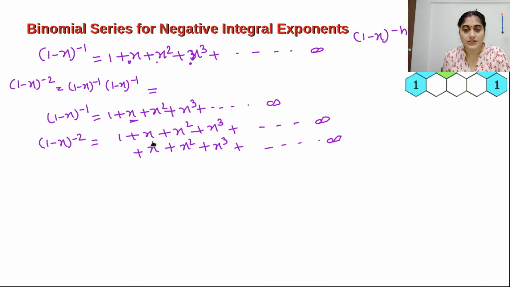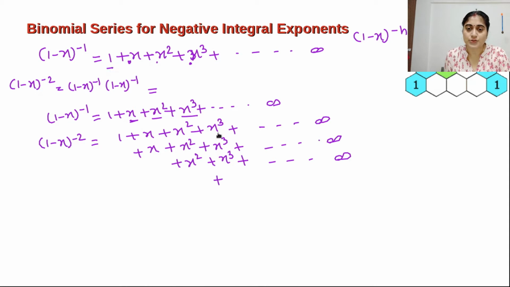Now I will multiply x square with this series, so it will start from x square: x square, then x cube, and like that up to infinity. Now multiplying x cube with this series, it will start from x cube, and like that it keeps on increasing. So it is completely adding.